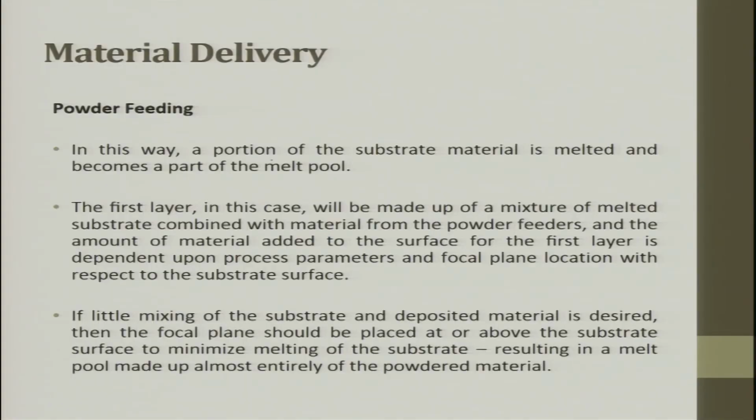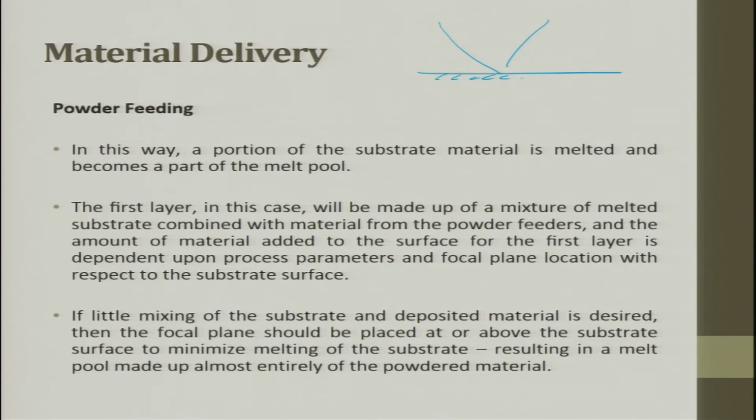In this way, a portion of the substrate material is melted and becomes a part of the melt pool. The first layer in this case will be made up of a mixture of melted substrate combined with the material from the powder feeder. So, in one place it is all molten, now new powder is hitting.